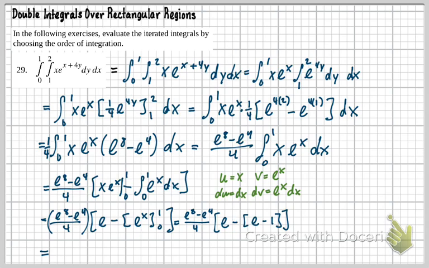So then I get e to the 8th minus e to the 4th over 4, times 1. And that equals then e to the 8th, let me fix my 8, it kind of looks like a 9, minus e to the 4 over 4. And there's our answer for this integral, this double integral.